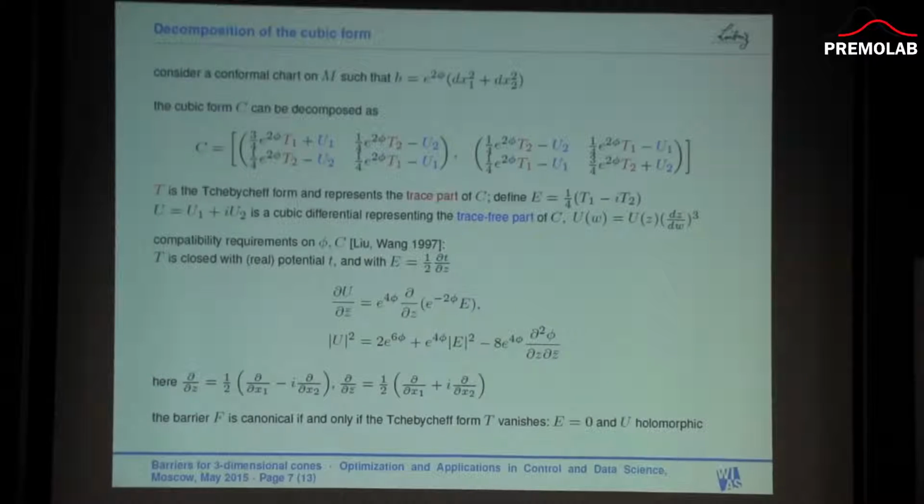So it's not very important how it looks in detail, but there is one special case where the trace part vanishes identically, and then you see that the trace part is the gradient of some scalar t, so this vanishes, and if this E vanishes, then what remains is just that the trace-free part U is a holomorphic function, and its modulus is given by some function of the metric.